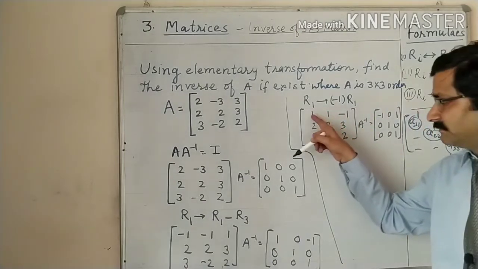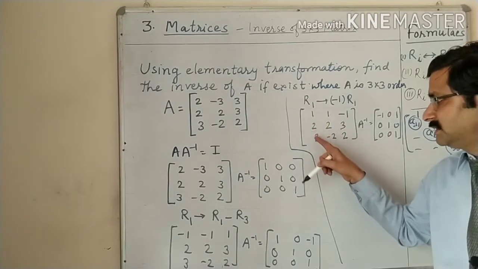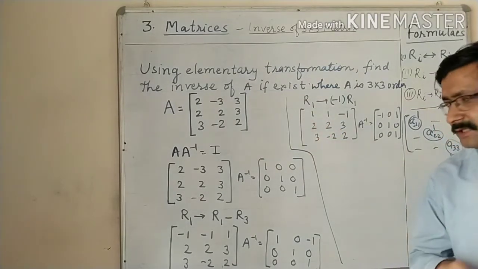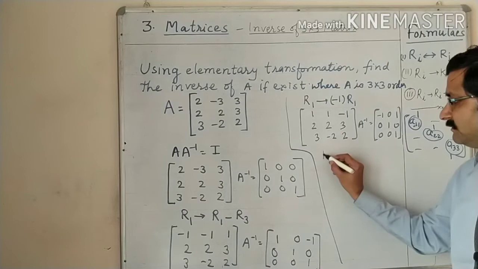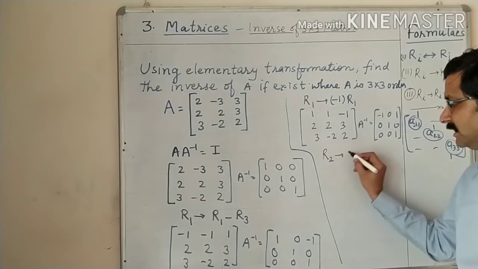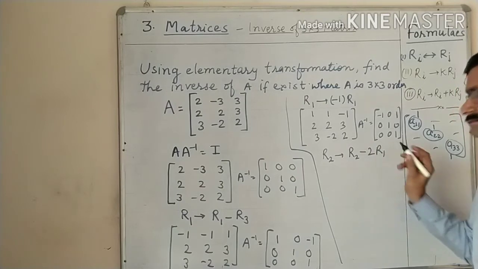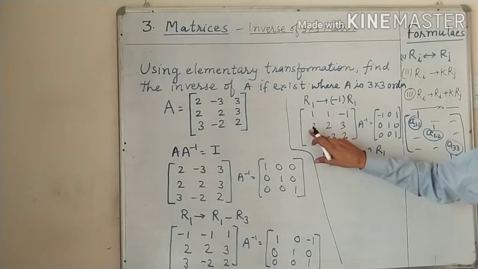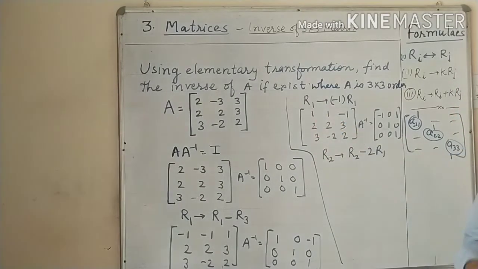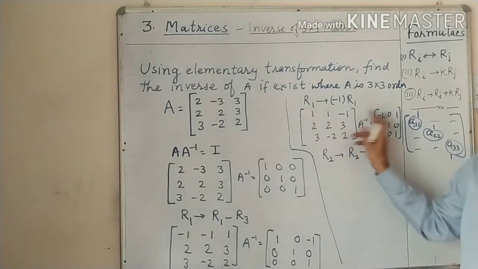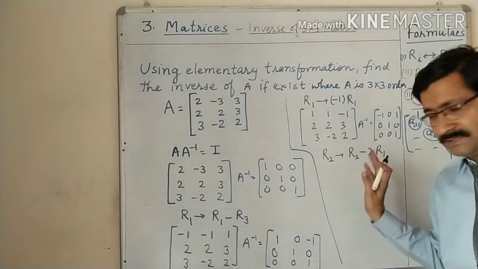Now with the help of this 1 we have to make the other two elements 0. Look here how we can do it. This is a very interesting part. The second row we write as R2 minus 2R1. From 2, if you subtract 2, this becomes 0. So you multiply the first row by 2 and subtract it from this.